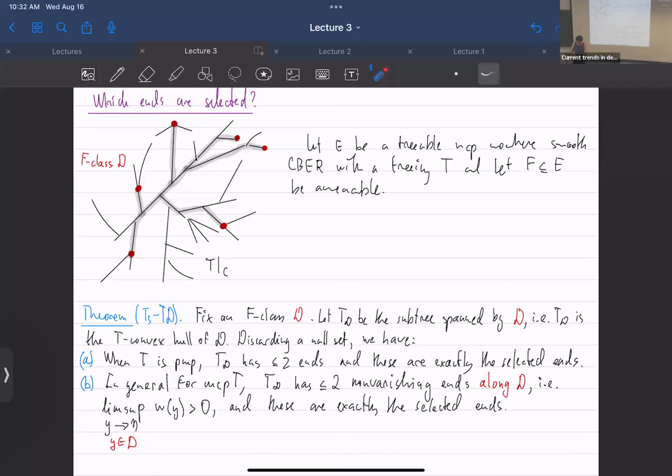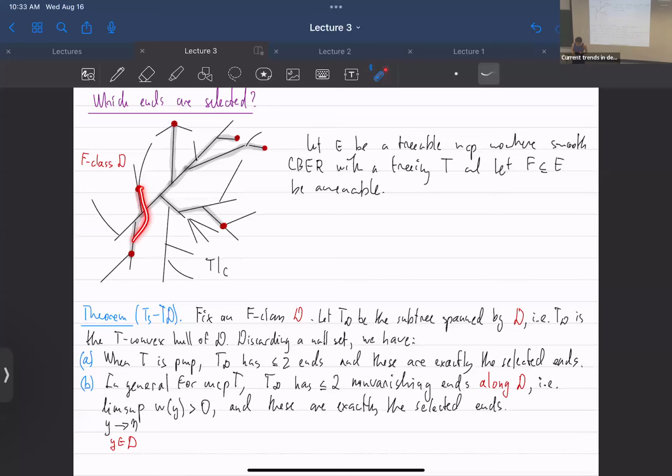So this is inside a big T component C, and we have one F class D fixed. Now I want to see which ends are selected by this one F class. See, there are points here that are not red. That means they're not in D, not in the F class. So I want to see which ends are selected. And when T is PMP, it's very easy.